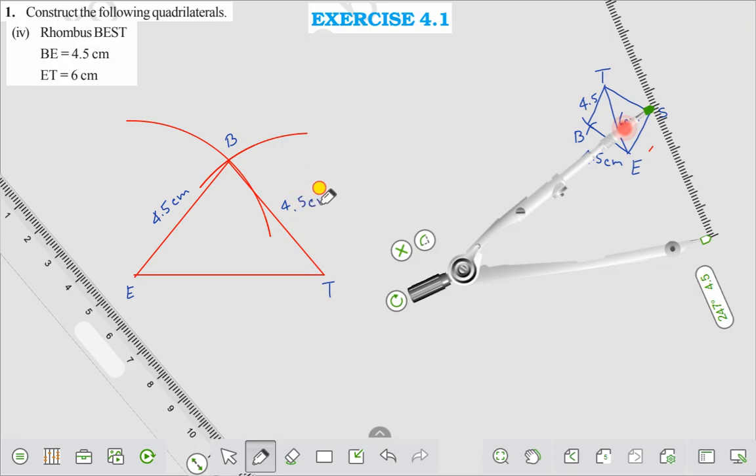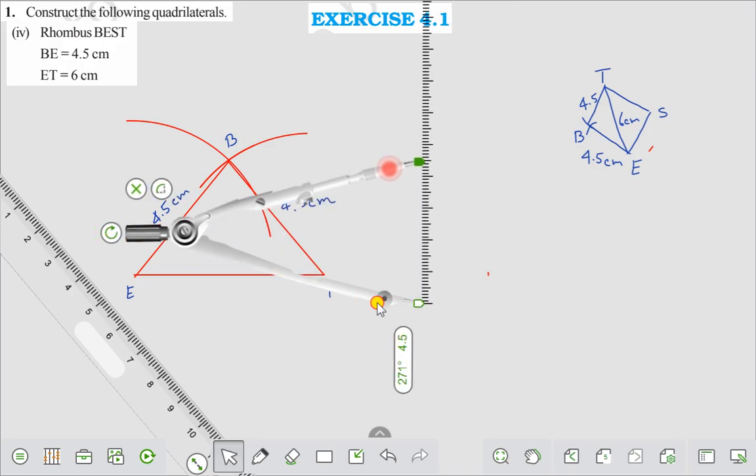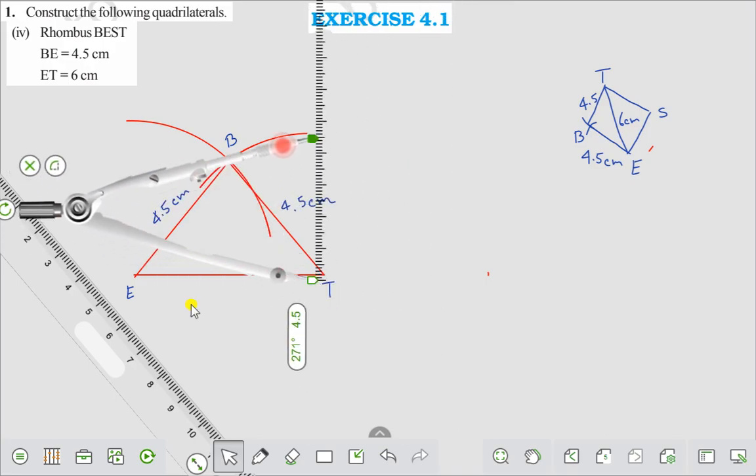Now again, with this length 4.5 centimeter, let us draw another arc with this pointer.